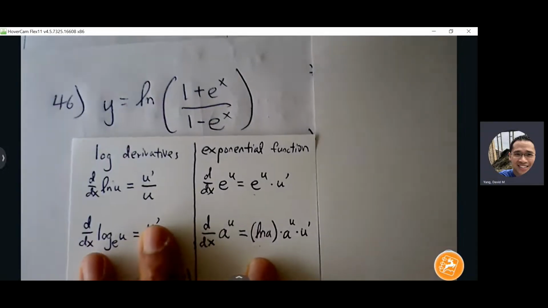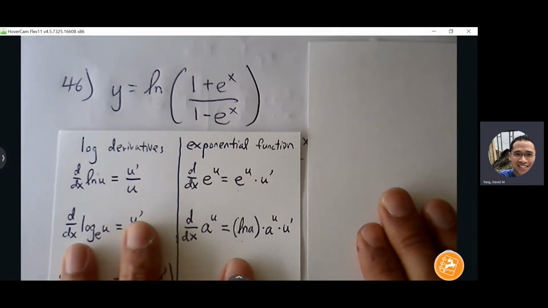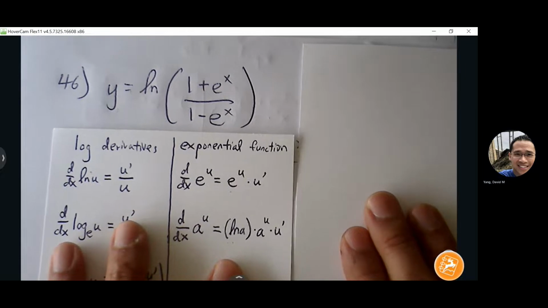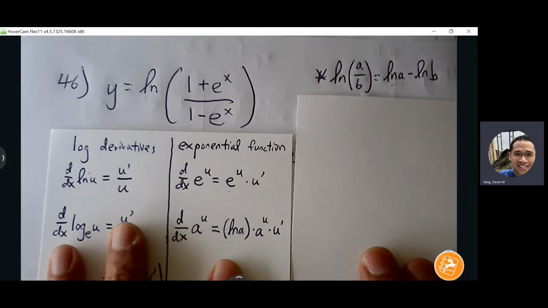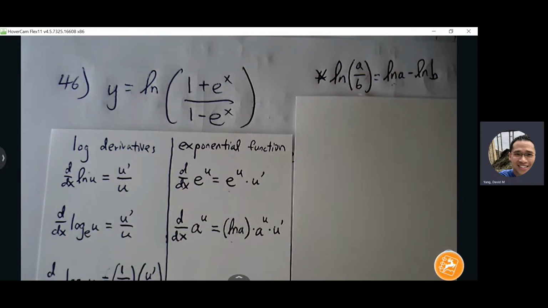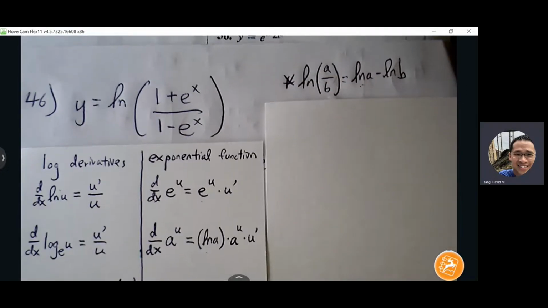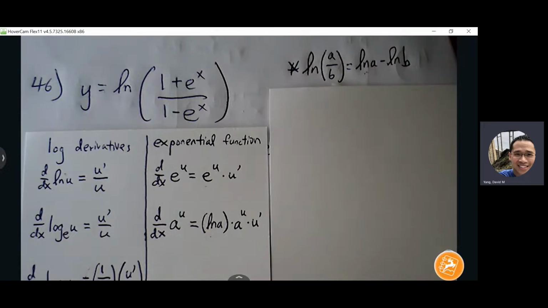Is there anything we can do before we jump into our derivative process? Quotient property, right? Yep. So I have natural log of a over b. That is a messy parentheses. Thankfully, we have something to split into, allowing us to split that fraction into two separate expressions. So natural log of a over b can be expanded into natural log of a minus natural log of b.